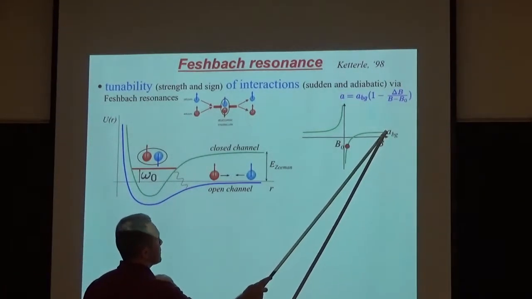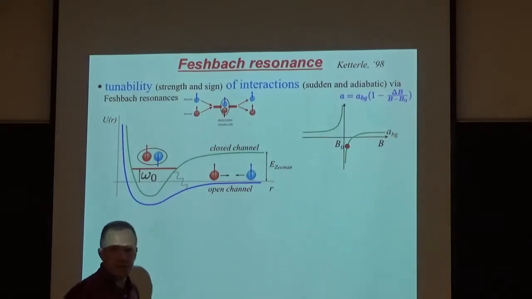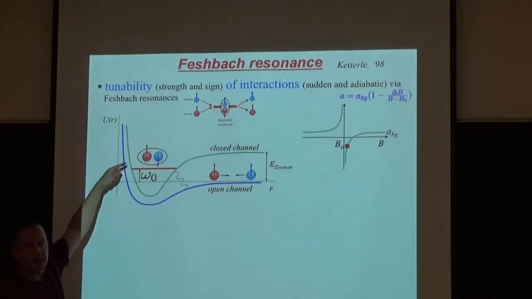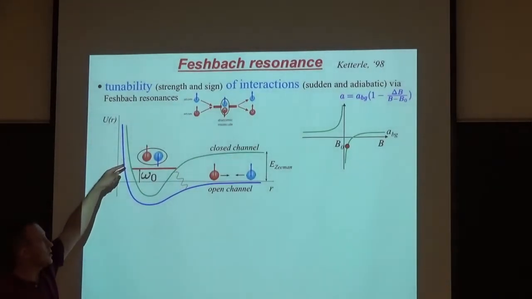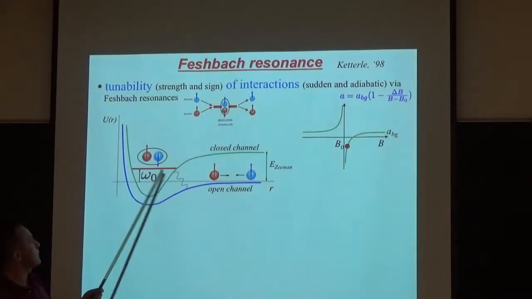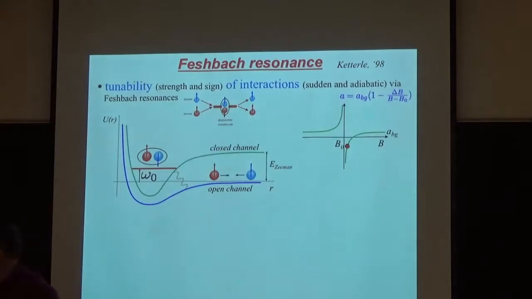You start out with some background positive scattering length, and then when you get close to the resonance, by second order perturbation theory, you end up getting an effective attractive interaction, if you get close enough to overcome this small positive background scattering length, which is fixed.